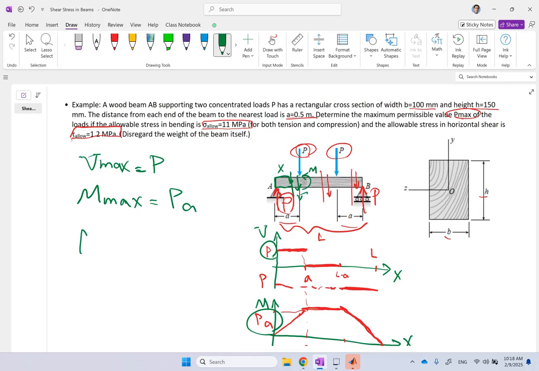So clearly the cross section here is B times H, and I is B times H cubed over 12, correct?